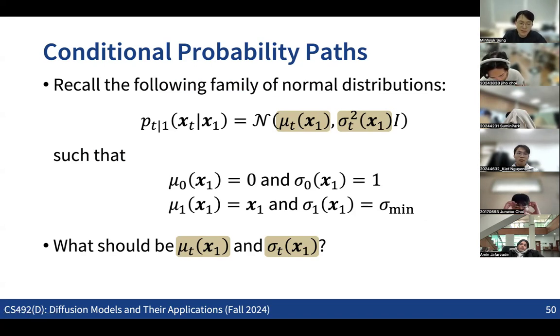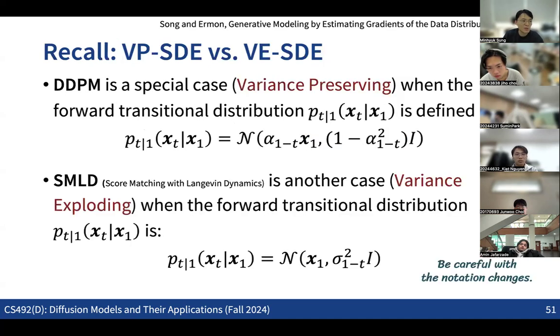As I mentioned in the previous slide, this conditional distribution is nothing but what we have seen before. This is the forward jump distribution. And as we have discussed in the previous lectures, the diffusion models are also defined based on our definition of the forward jump distribution, right? We discussed two types of diffusion models. One is the variance preserving form, like the DDPM, and the other one was the variance exploding diffusion model.